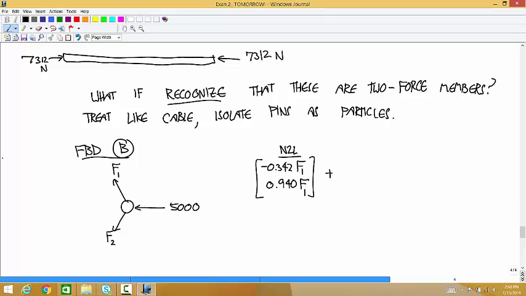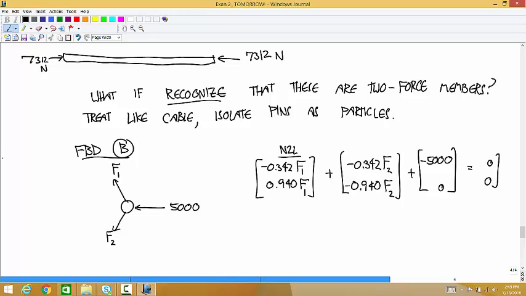For this F2, the unit vector is negative 0.342, negative 0.940, and multiply those by F2. And then the third force is the negative 5,000, 0. Add those up and they have to be equal to 0. That's Newton's second law.